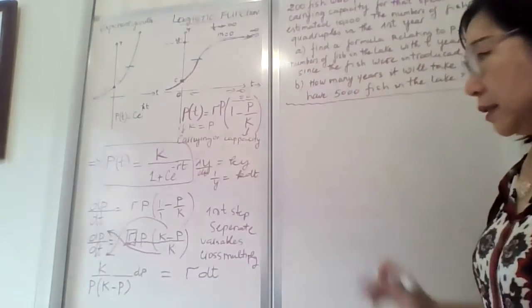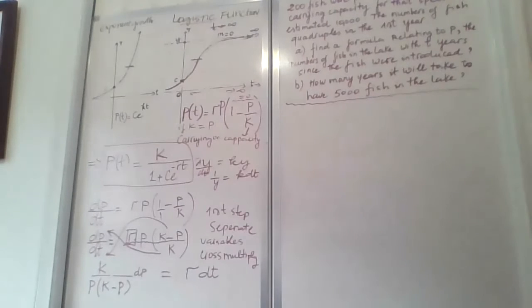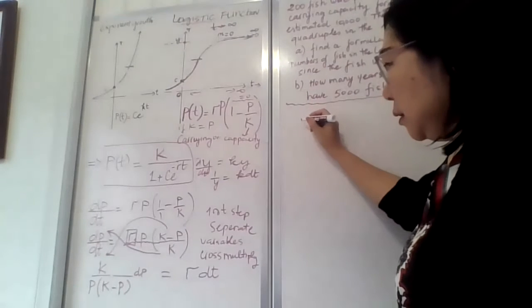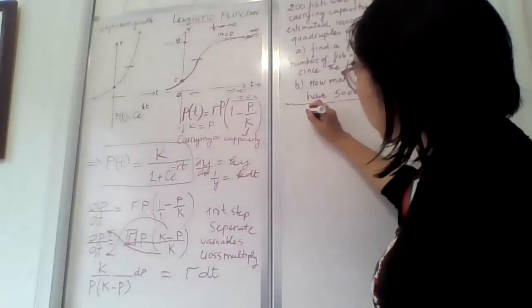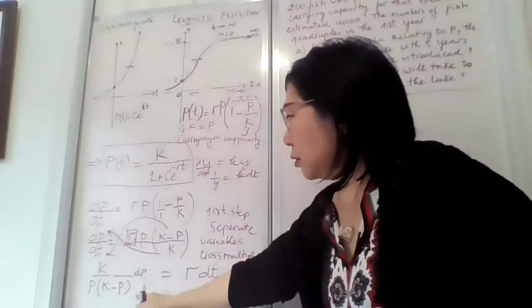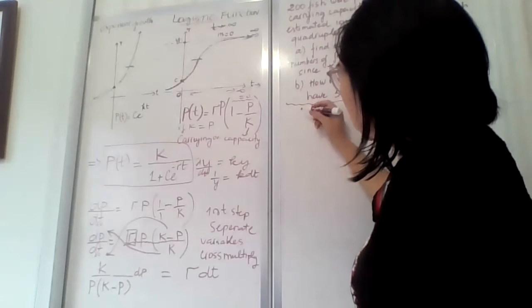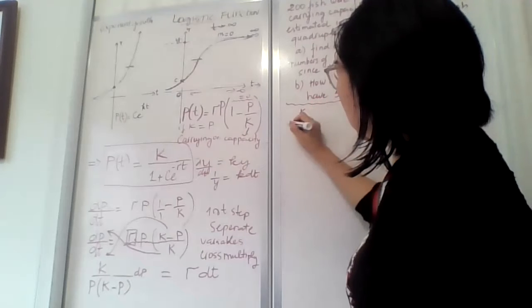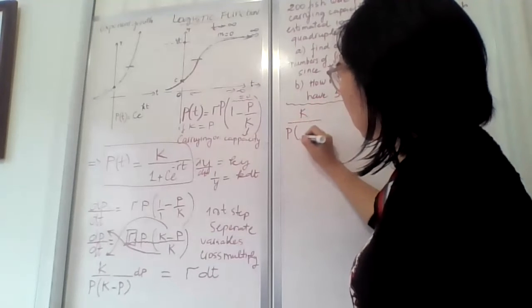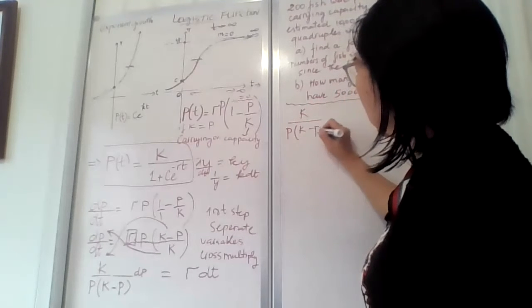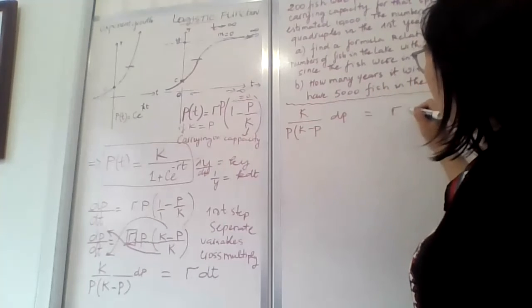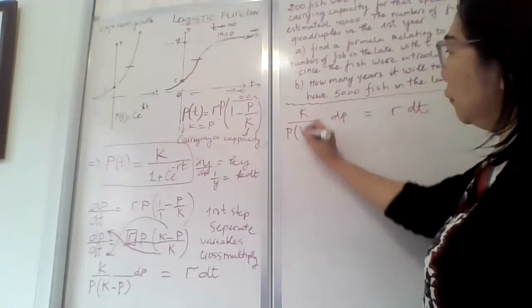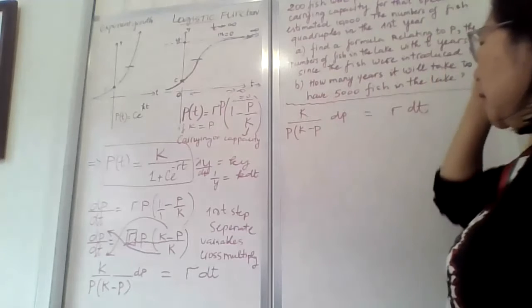Now, next step, I'm going to integrate both sides. But before I integrate them, I'm going to do something like a separation. So the first equation, let me copy it down again. I'm going to focus on the left, right? The right-hand side, not too much.